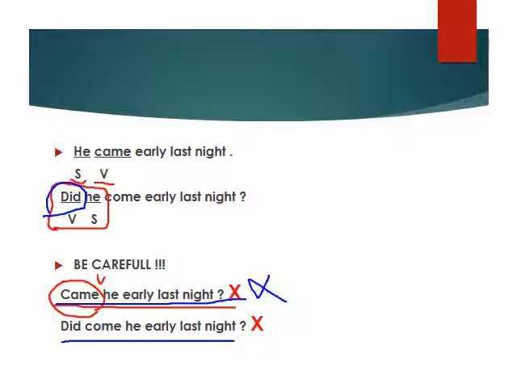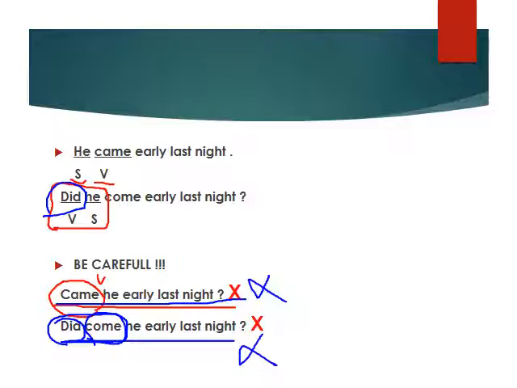A question like "did come he early last night" is also wrong. Come, which is the main verb, should stay in its place, unchanged. What we move is did, the helping verb. So never invert like this: did come he? It is: did he come? Helping verb, subject, main verb.